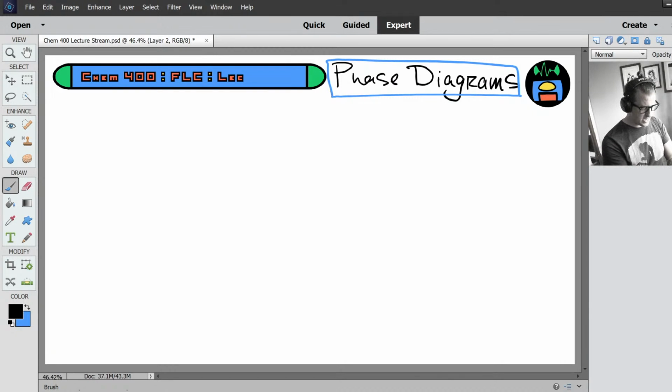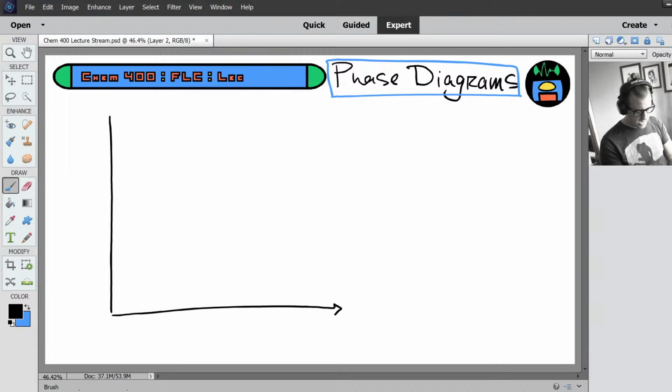So a phase diagram has a y-axis and an x-axis, and pressure is on the x-axis and temperature is on the y. All right, and it's a map of what phase a substance will have at any given pressure and temperature, and they all somewhat look like this.